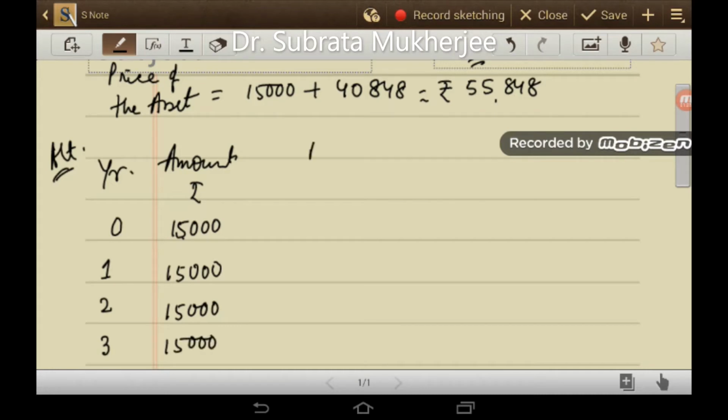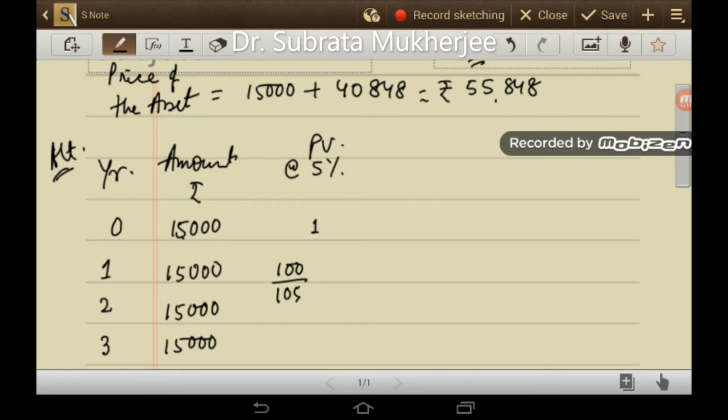Next is the PV factor. This is very important. So this is at 5%. At year 0, this will be 1 because the present value is 1 right now. The amount paid as the down payment, this is 1. For the amount which will be paid at the end of the first year, 15,000, what is the present value of that 15,000 right now? So this will be 100 divided by 105.